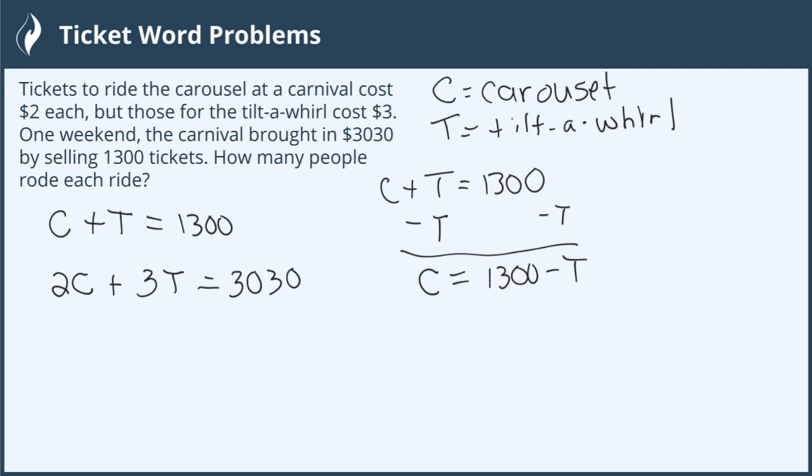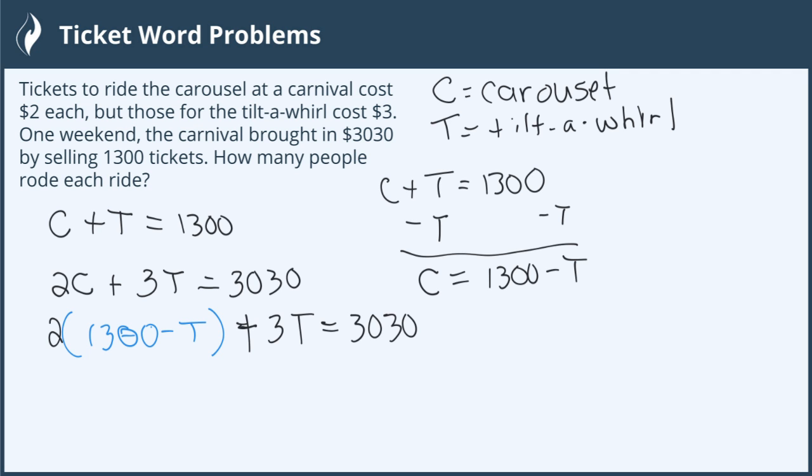So if C is 1,300 minus T, I'm going to substitute that in. So 2 times 1,300 minus T, plus 3T equals 3,030.